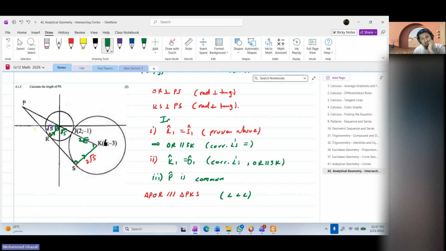So in triangle POR and triangle PKS, those are my three reasons why it is similar. But now, will the similarity help me? I have SK. What do I want to find?